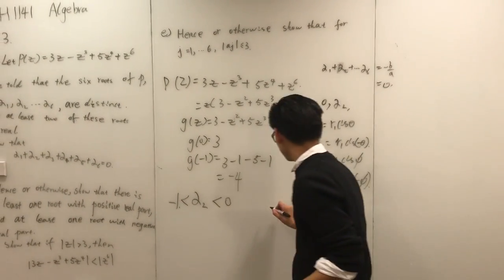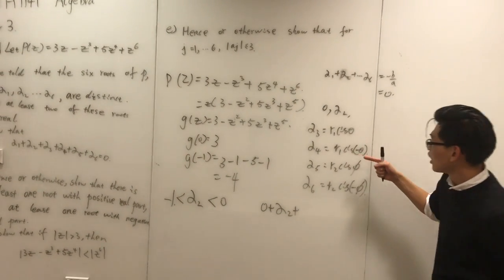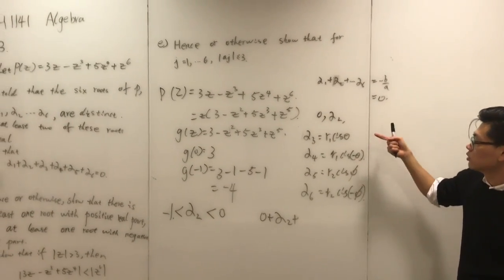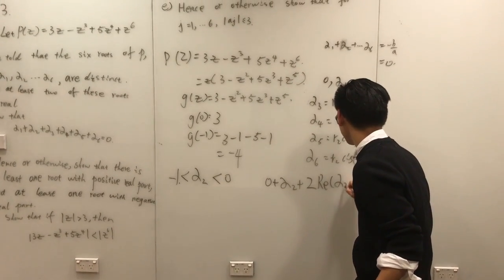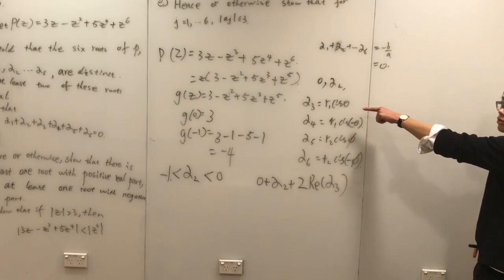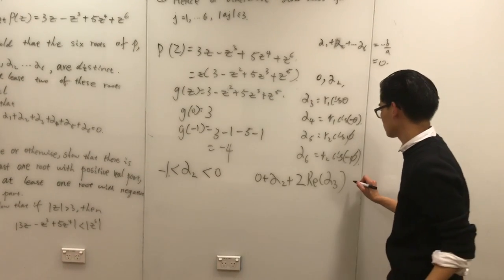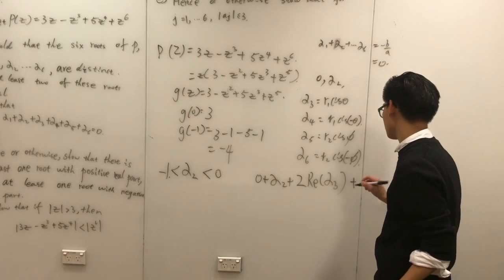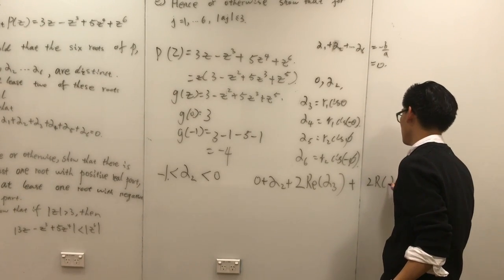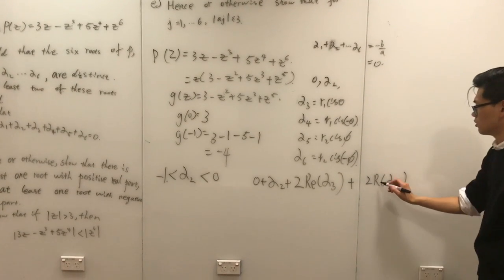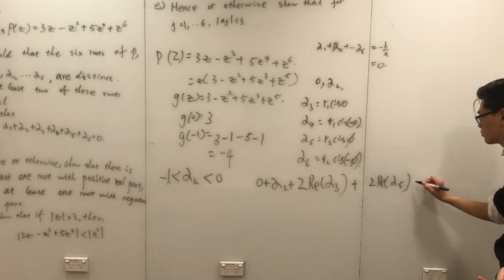So 0 plus alpha 2 plus alpha 3 and alpha 4 gives 2 times the real part of alpha 3, because a complex number plus its conjugate is twice the real part, plus 2 times the real part of alpha 5, because alpha 5 and alpha 6 are also conjugates, equals 0.